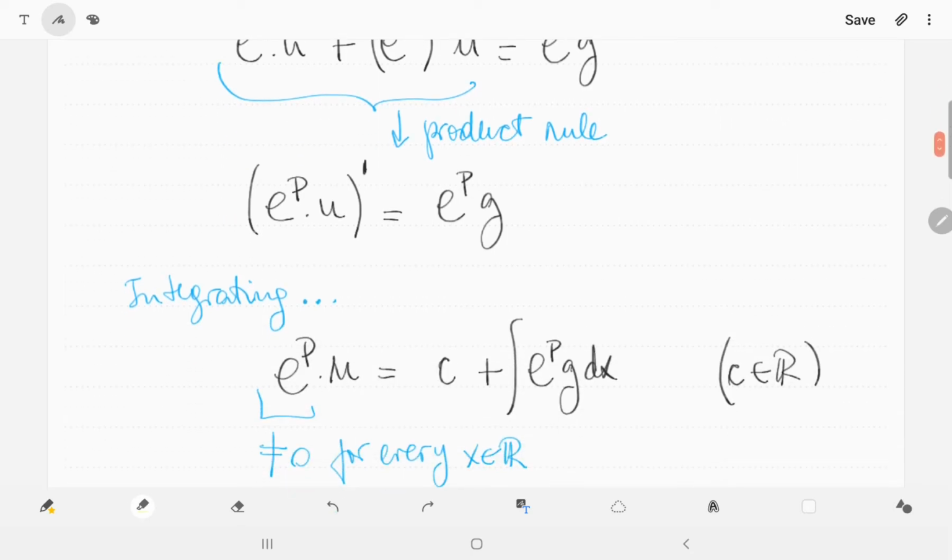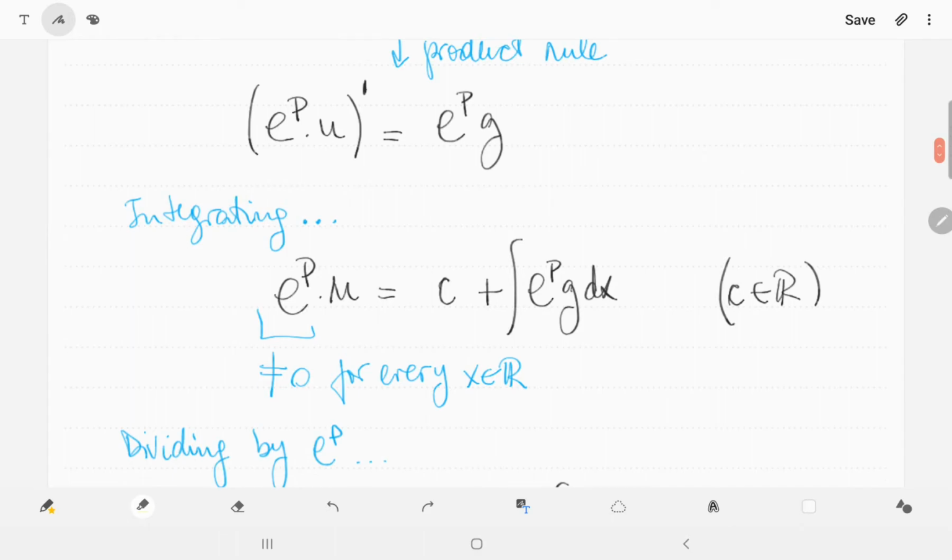And now it's easy because we can integrate and get this original function, and we have a constant that comes from the integration process. Here is a constant, it's a number. And we have the integral on this side of the identity.